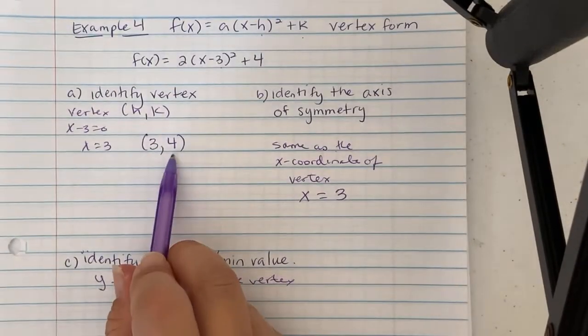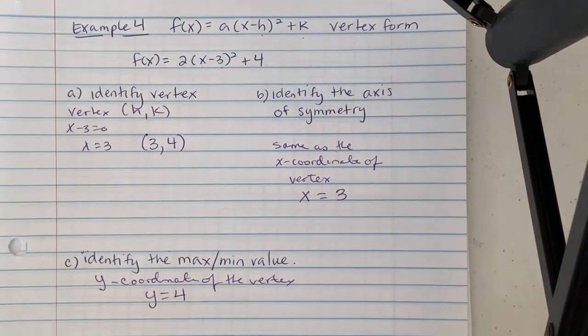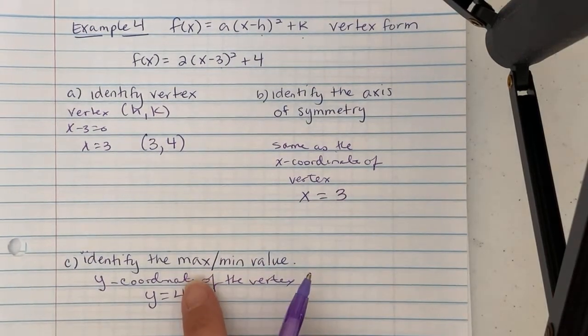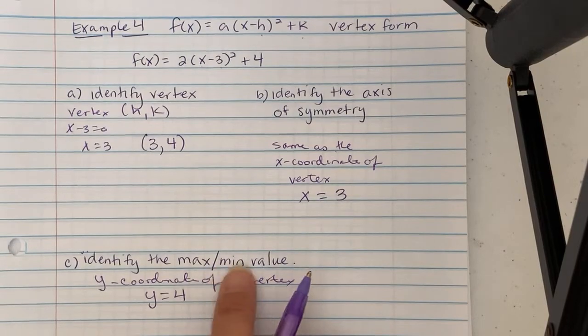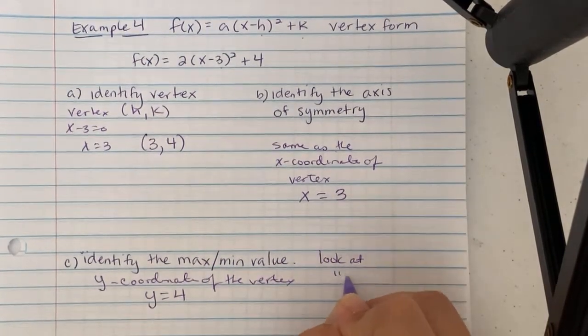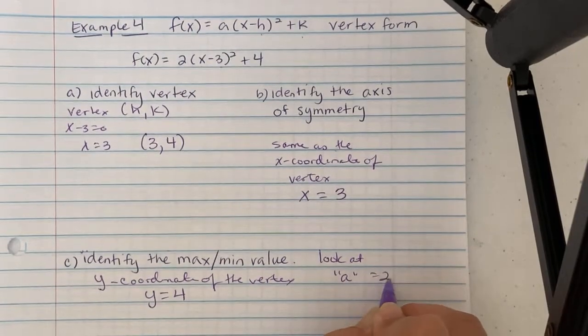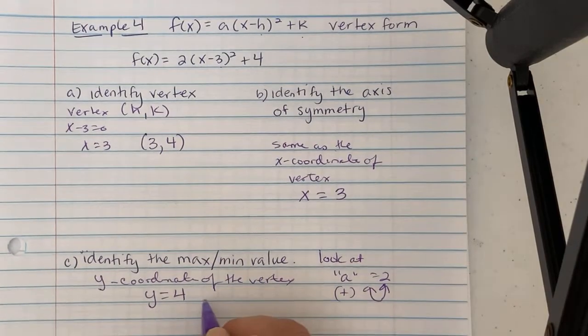So since our y coordinate is 4, our value is 4. Now here's the thing, we need to know whether we have a maximum or a minimum. In order to find out, look at your a. It's equal to 2, which is a positive number, which means our graph is going to open up. So we have a minimum value.